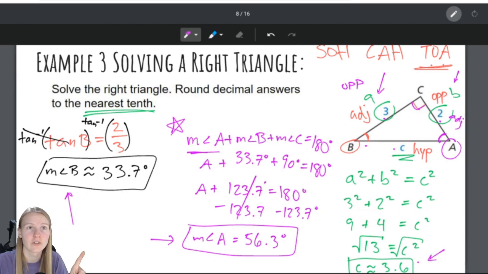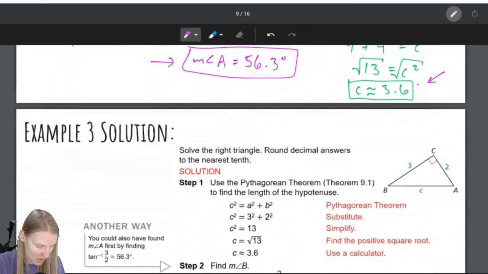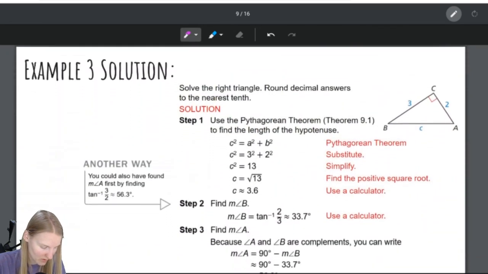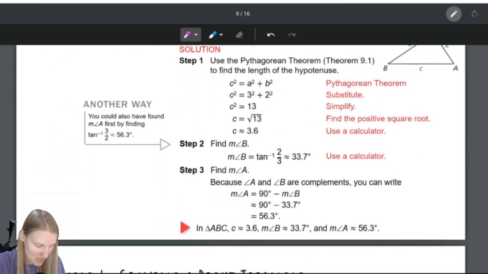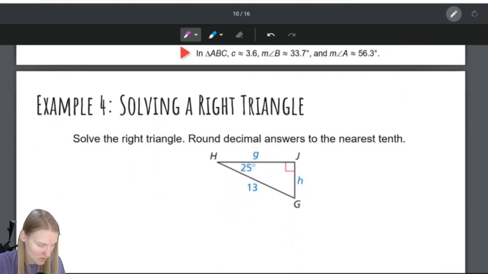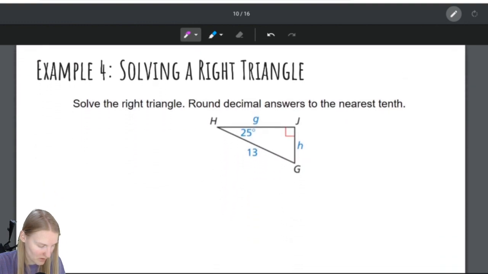We know all of the sides. We know all of the angles. So this triangle has been completely solved. Wonderful. Okay, and we could check our answer. Look at that. 3.6, 33.7, 56.3. Beautiful. All right, our next example that we move on to.